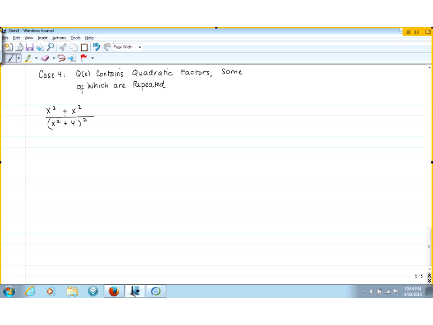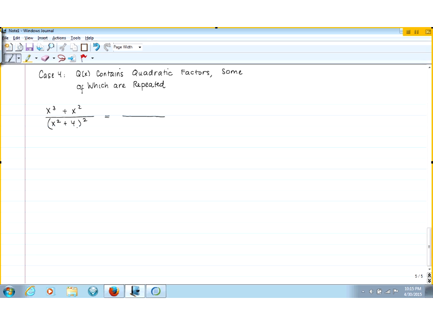It's 3. What is the degree of the denominator? It is x squared squared, so x to the 4, so the degree is 4. So we do not need to do long division here.